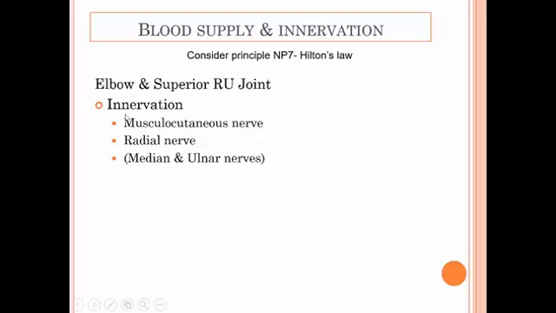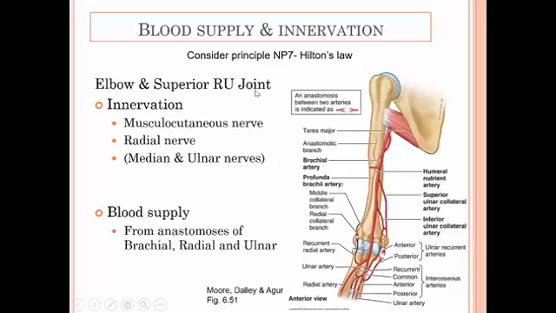So we can see here the musculocutaneous nerve innervating the muscles of the anterior arm, the radial nerve innervating muscles of the posterior arm, and we also have some contribution via the median and ulnar nerves, and these are the nerves that help innervate both the elbow and superior radioulnar joint structures.